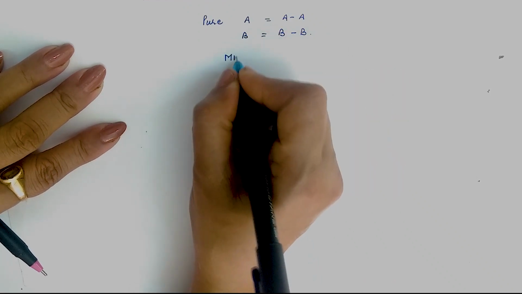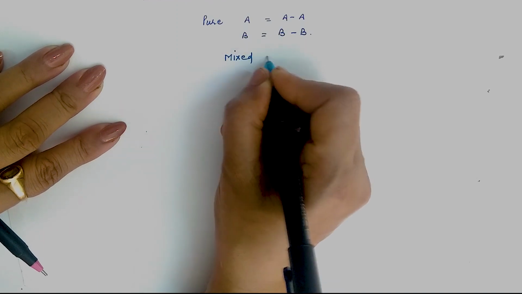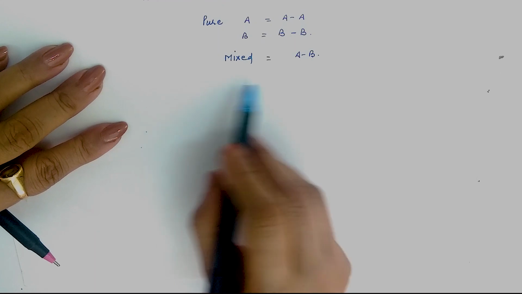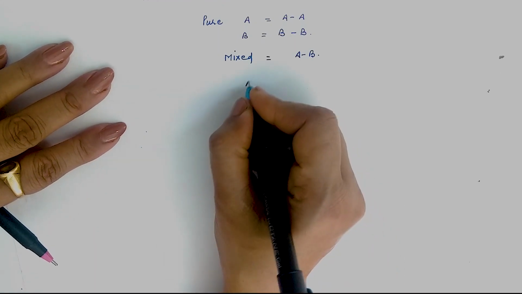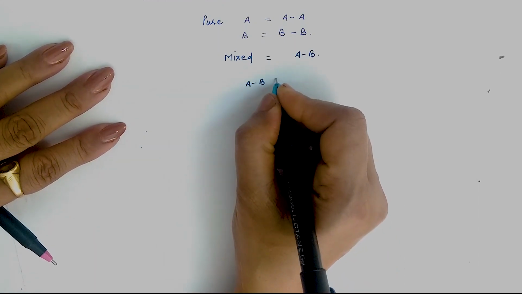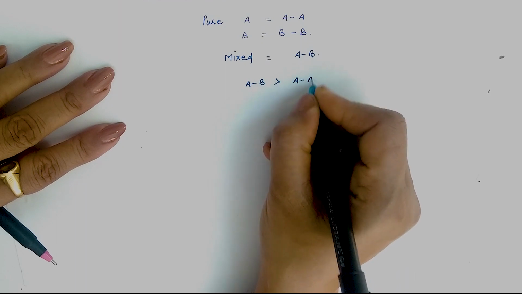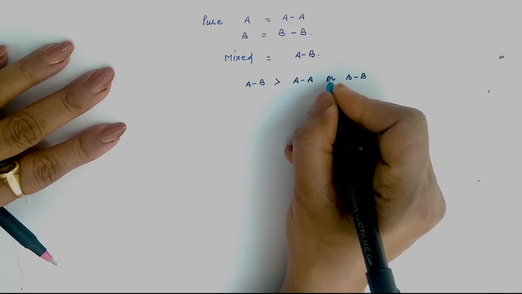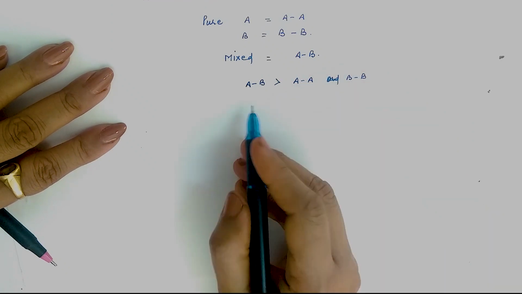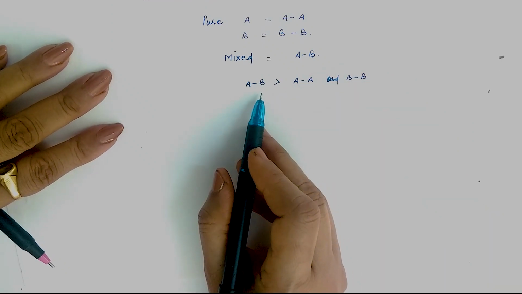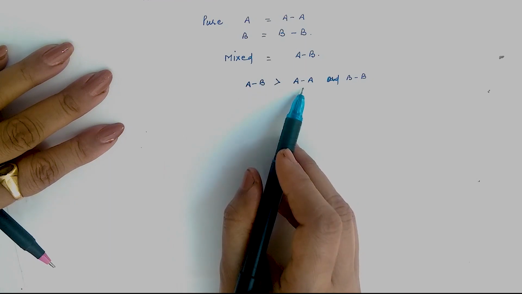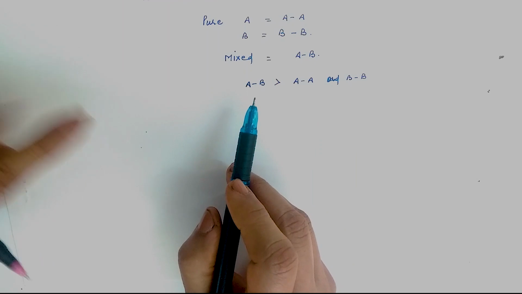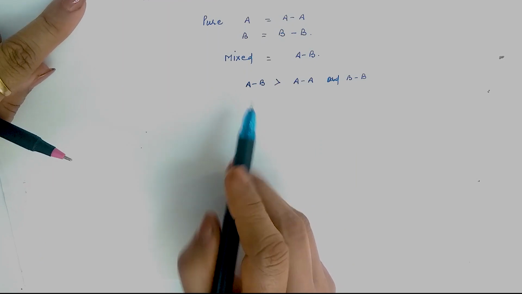When they are mixed, the forces will be AB. When the forces AB are stronger than the forces AA and BB, the forces in the pure state being weaker, then the solution will show the negative deviation.